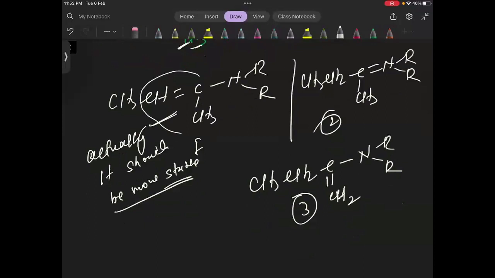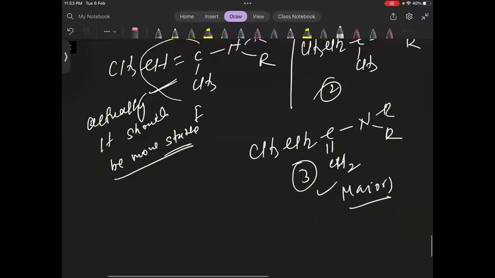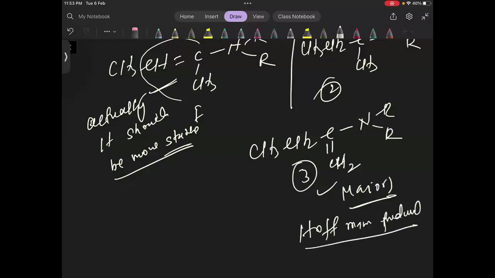But this other compound is going to be more stable. Why? Because the Hofmann product will form. It is the major one because this elimination will favor the Hofmann product. So that is the more stable. The third is the more stable compound.